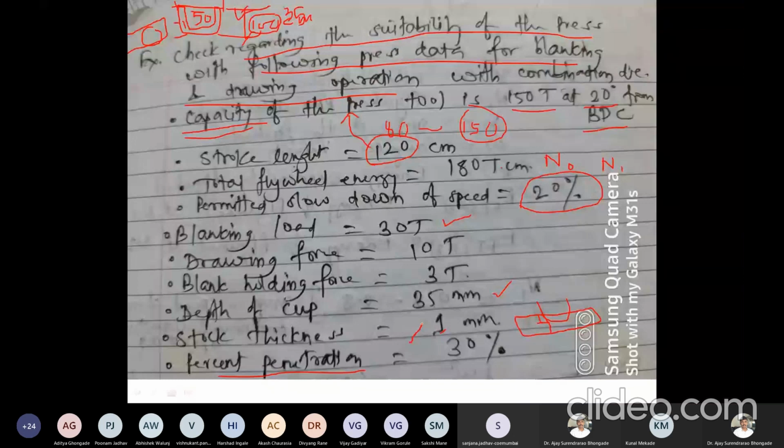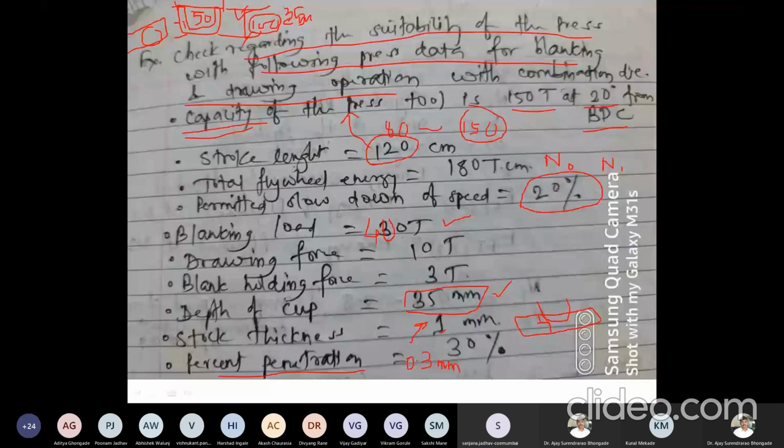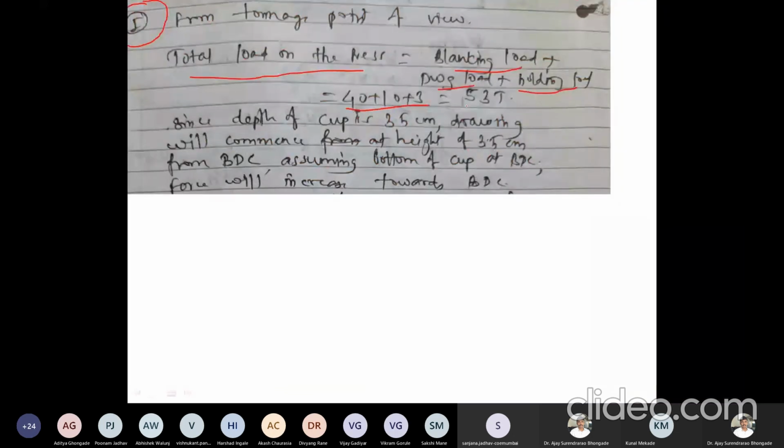All these three forces which have been given to you, 40, 10 and 3, that is your blanking load, drawing load, and holding load. I think it must be 40 ton. It had taken 30 here, and here it is shown as 40. So 40 plus 10 plus 3, 53 ton is the total force requirement.